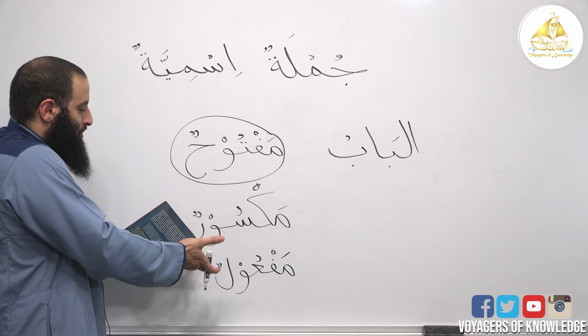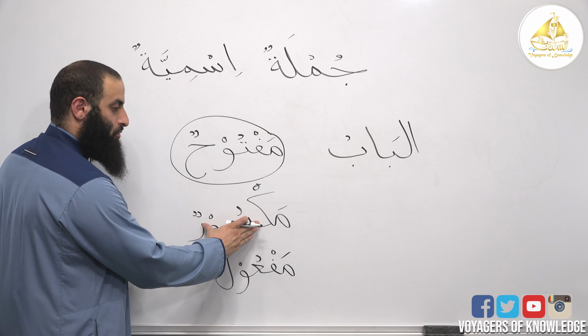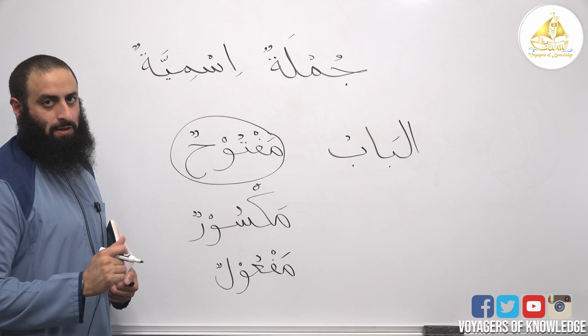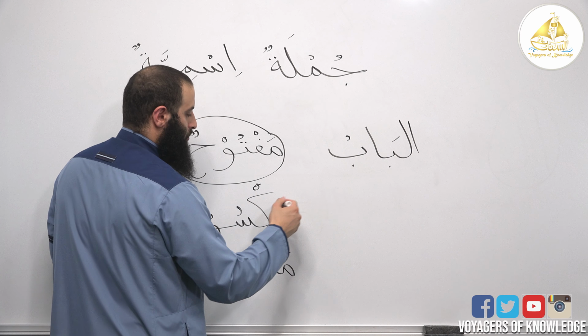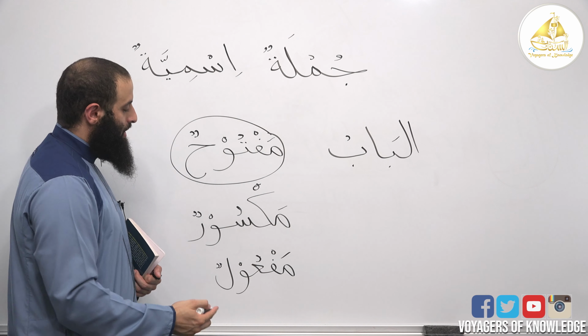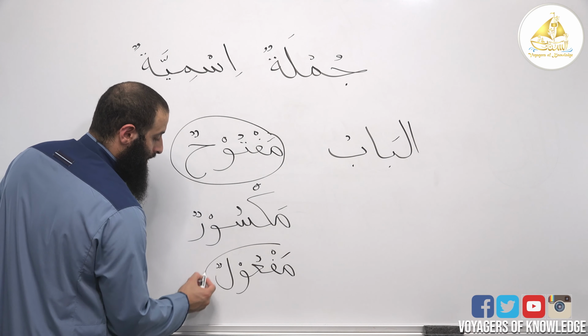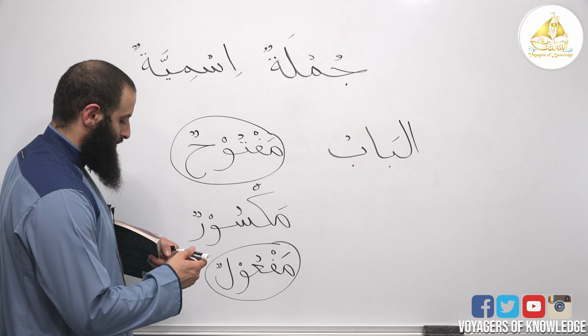Okay? Something has happened to this scale. Here it's broken. Here it's been opened. Over here, al-babu maftuh. Al-qalamu maksur. If you want to describe something has happened to this person or object, you're going to use probably something in that form. Maf'ul.